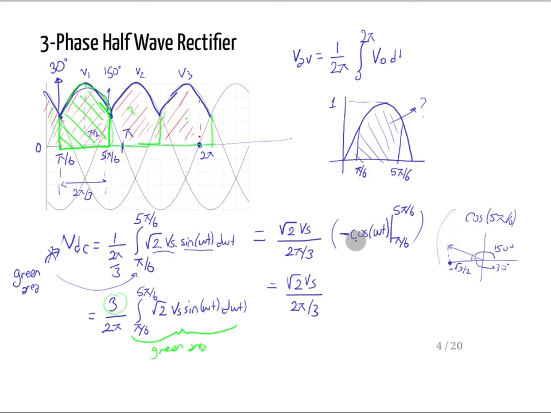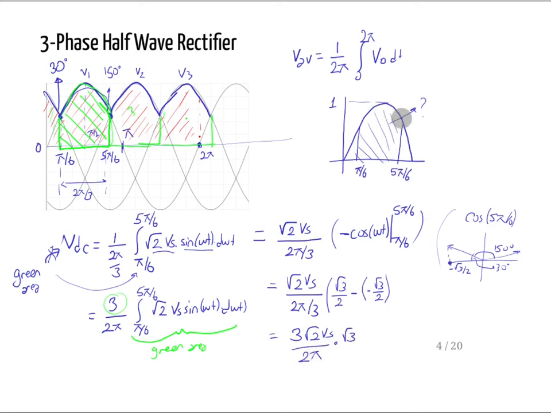So it is minus minus, it is square root 3 over 2, minus again square root 3 over 2 for 30 degrees, and they just add up and you get rid of the 2. So the 3 comes here, and it becomes 3 square root 2 Vs divided by 2π times square root 3.